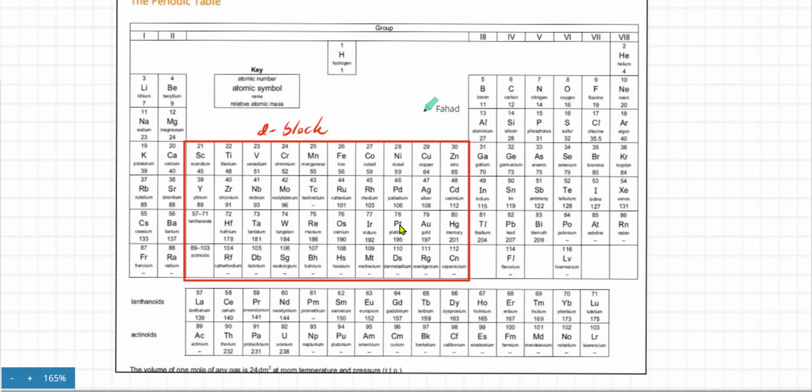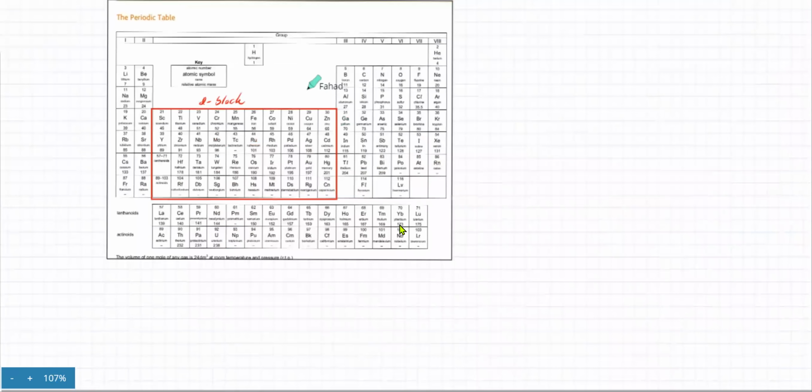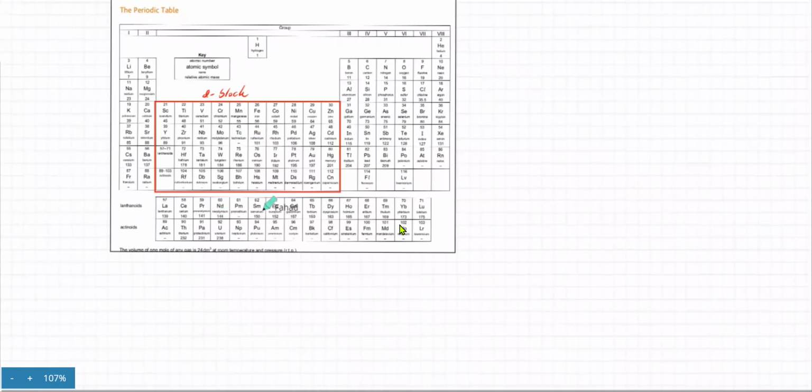Why are they called d block elements? Because if you write the electronic configuration, the last electron always is filled in a d subshell.